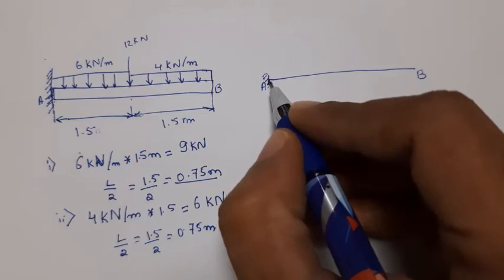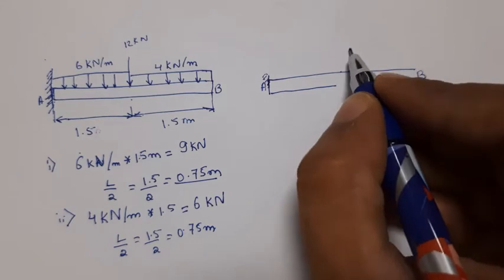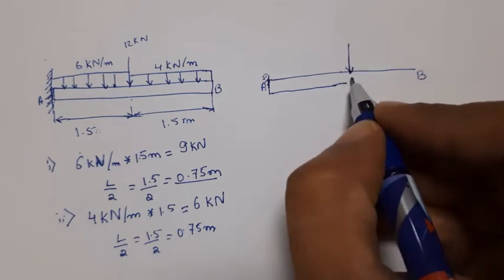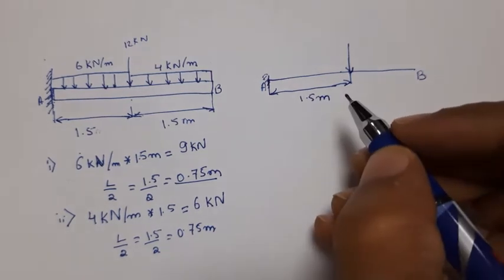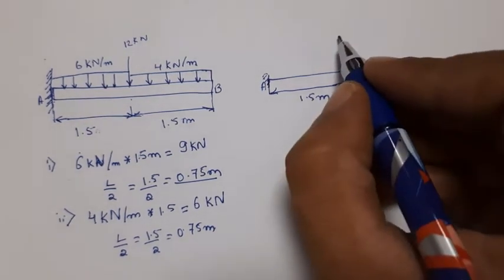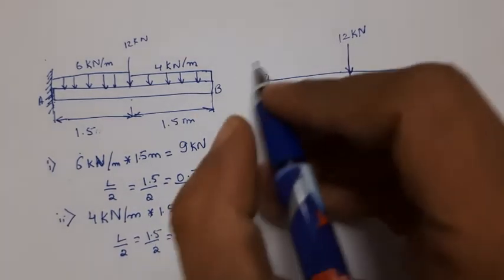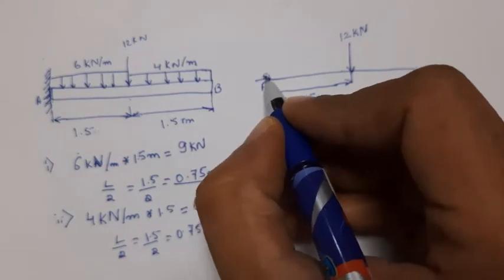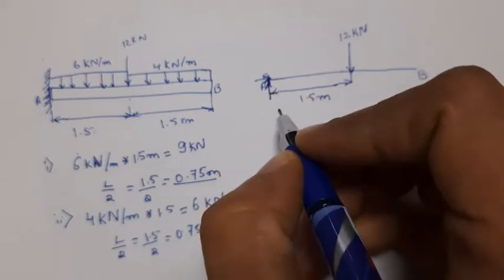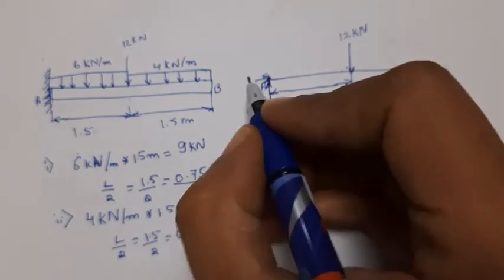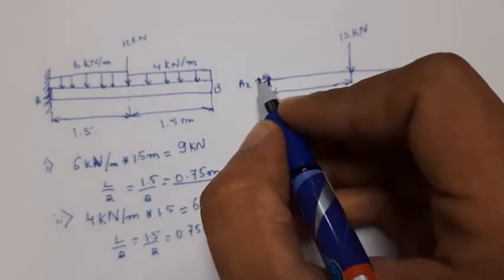Then from this point to the center of the beam, at a distance of 1.5 meter, acts a point load of 12 kilonewton. From this point, the force is acting here, hinged, as well as an upward force here. These are AY and AX. These two are the reaction forces, and we have to determine the moment as well.